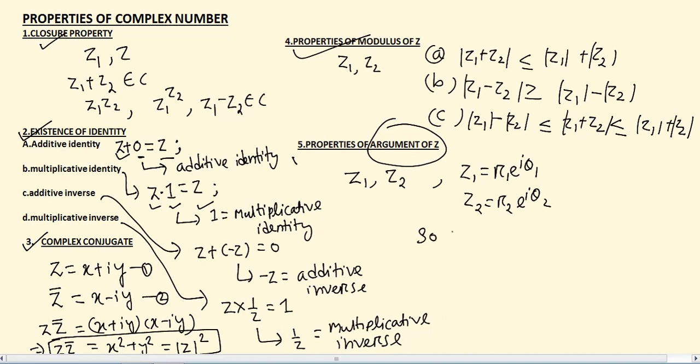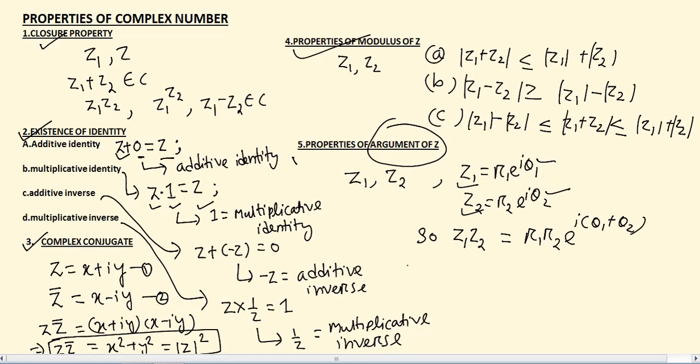So if we multiply these two complex numbers, here we will have r1 r2 e to the power i theta 1 plus theta 2. Now see carefully, the argument of z1 is theta 1, the argument of z2 is theta 2.